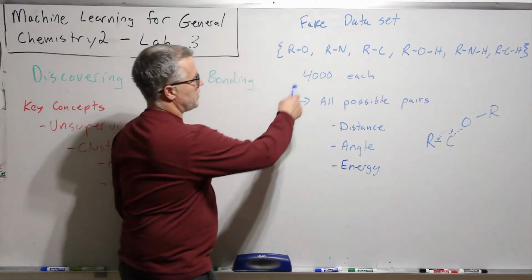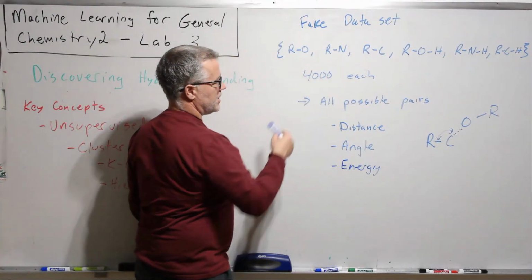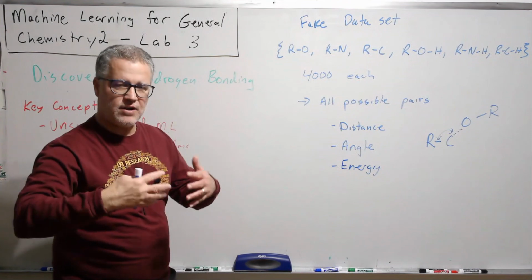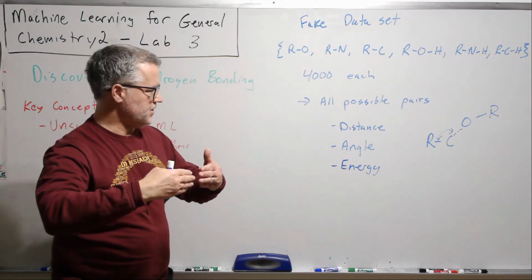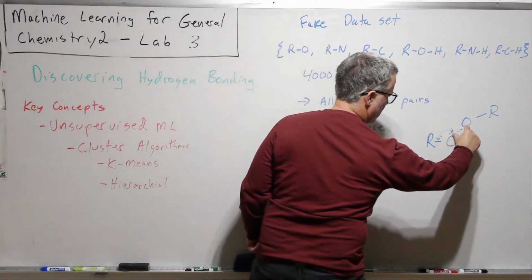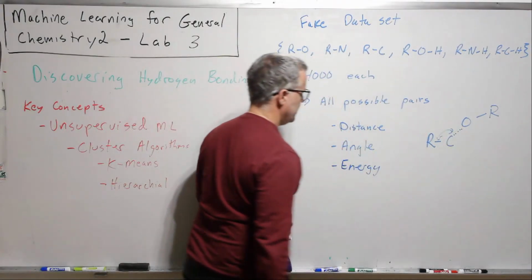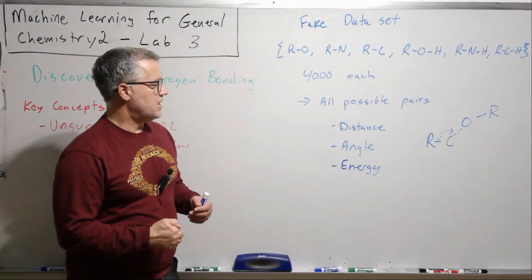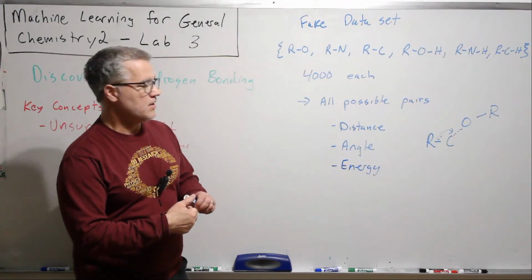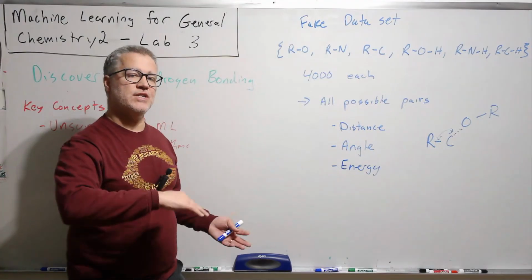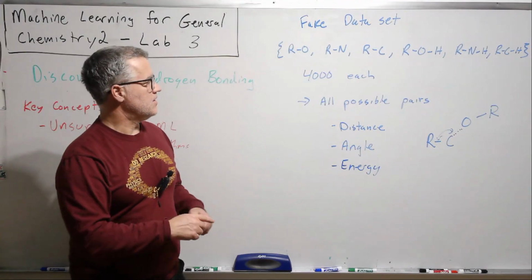So I took 4,000 of each of these, and then with all possible pairings, made random distances between the molecules and angles and energies suitable for when we have a hydrogen bond interaction versus when we don't.